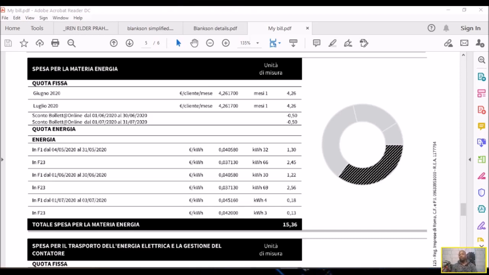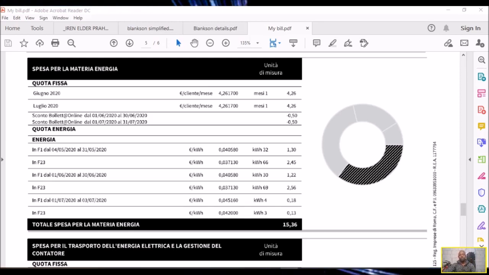Maybe I will have to compare it with August and September to see if the price also changed over there or it remained at 45 cents and 42 cents. Yeah, so in all, this is what explains how you can read your bill to understand the figures or the amount you see in the summary.